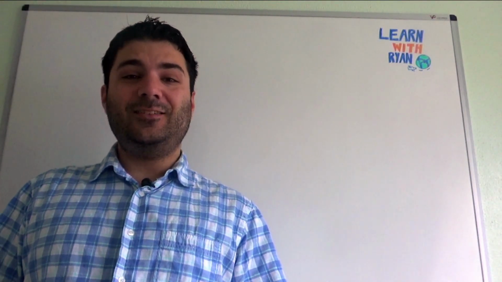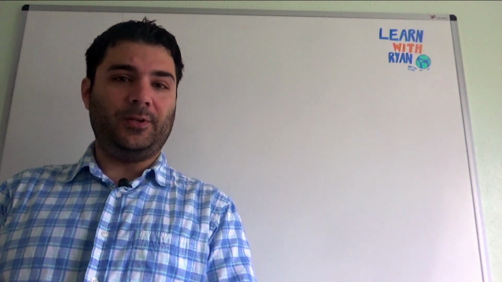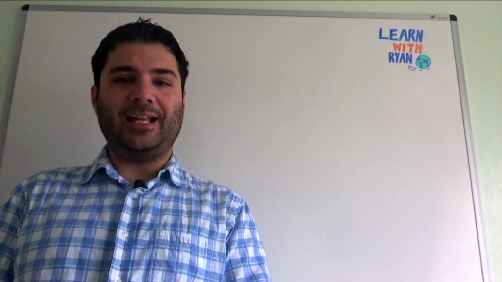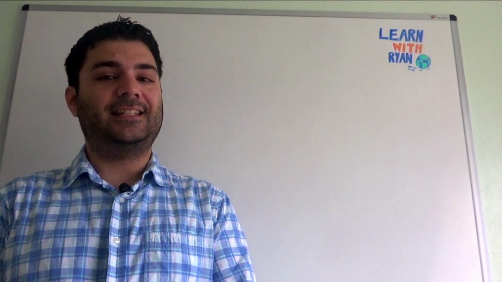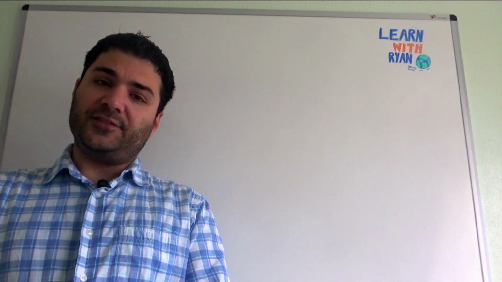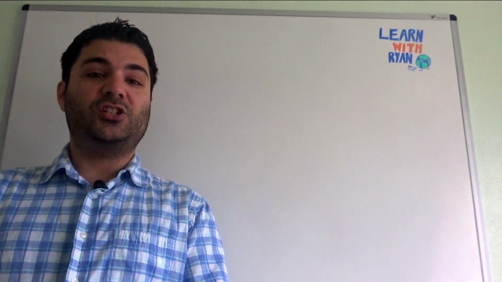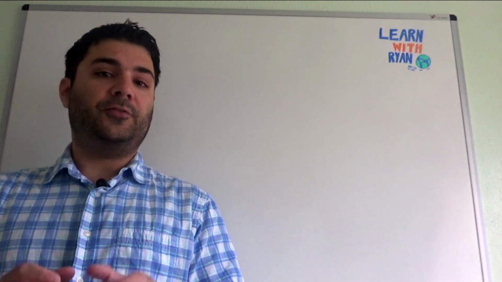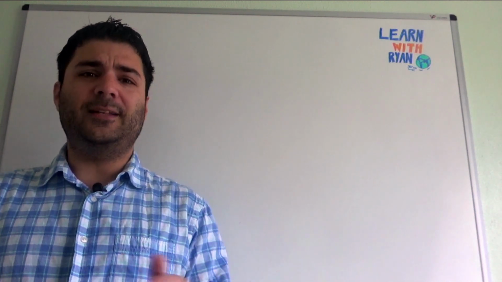In today's lesson, what we're going to do is have a look at how to differentiate polynomials without having to worry about the limit definition of a derivative, what we looked at in last lesson. So first things first, what do I mean by a polynomial? Well, a polynomial is essentially a sum of powers of x or powers of y, whatever variable we're dealing with.